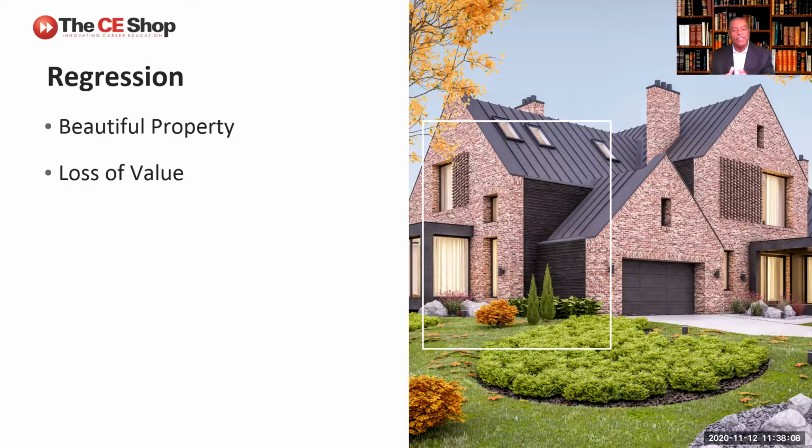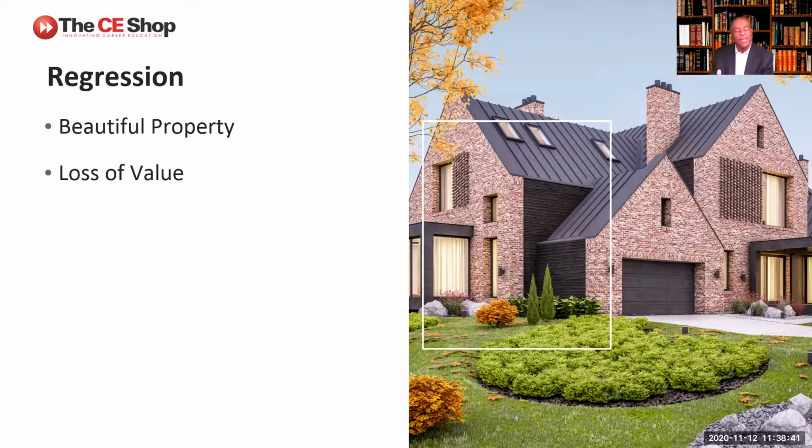So regression is this notion, more than a principle, that affects how people view properties of lesser value in their neighborhood, or it could be located outside their neighborhood. People in a nicer neighborhood may hear rumors, anticipation, as we talked about, that a fast food establishment is coming close to their neighborhood.